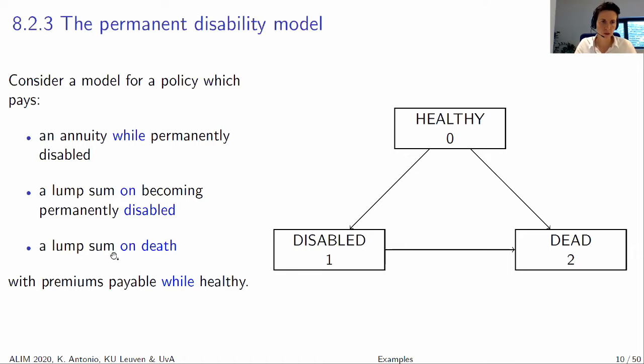Or you can think about a lump sum that is paid on death, so when you make the transition from 0 to 2 or from 1 to 2, a certain amount will be paid. When are you going to pay premiums? You will pay premiums while you are in the healthy state. All right, so this is a three-state model. It's not yet very complicated because we don't allow for transitions to go up and back. We only allow the transitions in a single direction.